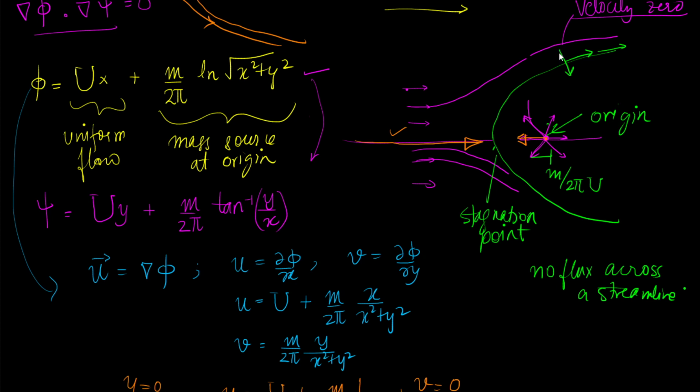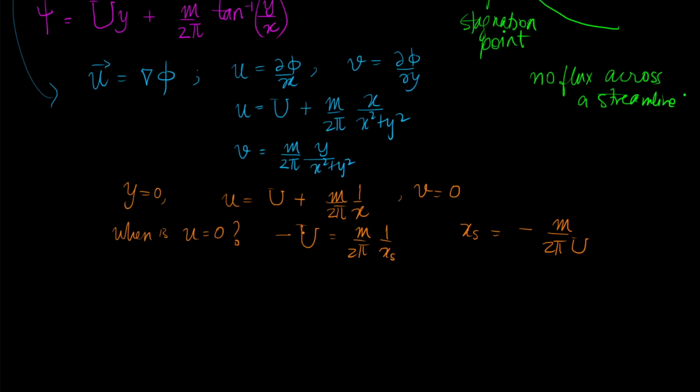So there will be a slip velocity because we are considering ideal flows, but the stagnation point lies at a distance of m upon 2 pi U on the left side of the origin. So this is the location of the stagnation point.